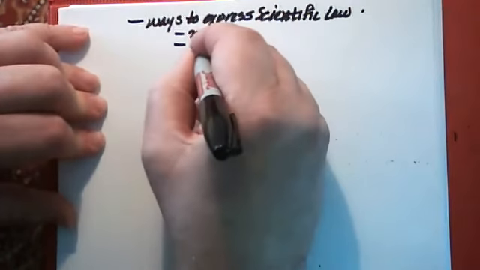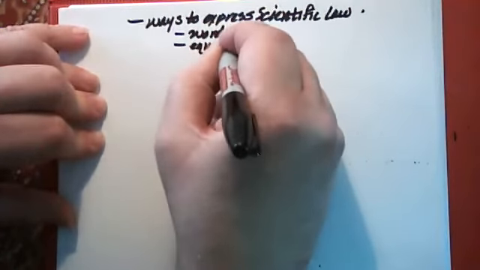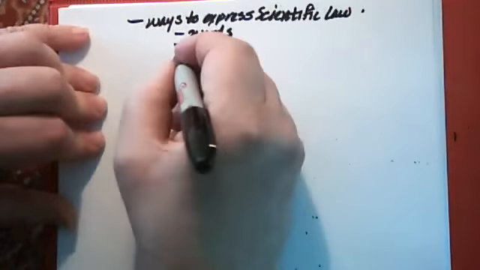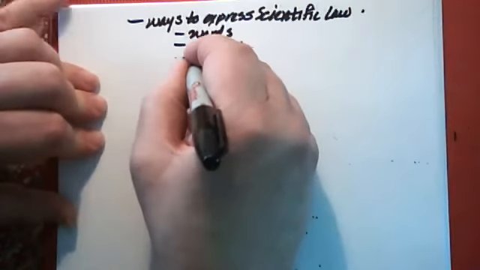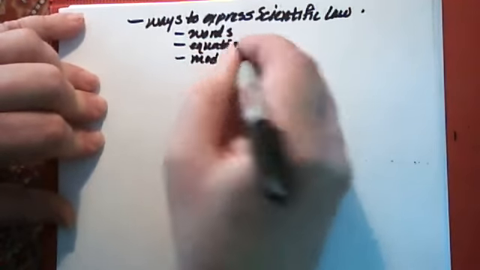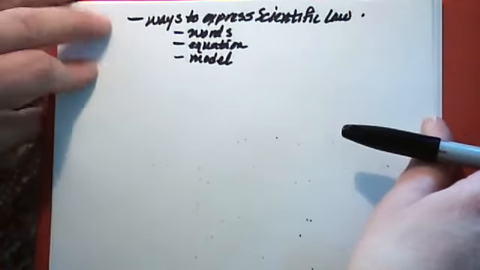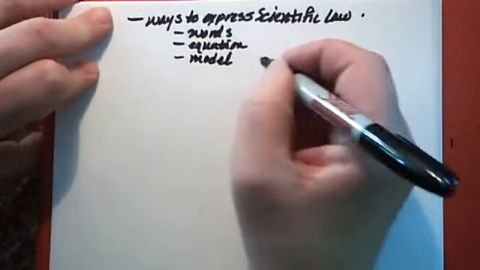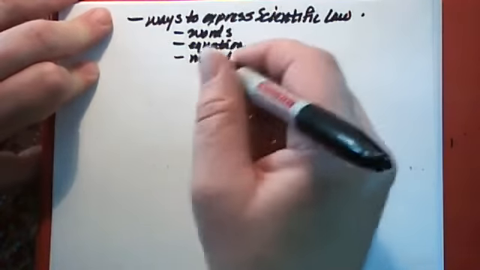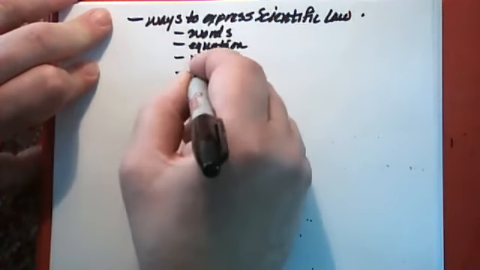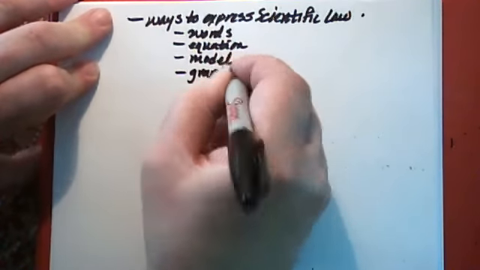One would be a mathematical equation. Another would be a model, say a computer model or a mathematical model or even a physical model of a situation. Or a graph.